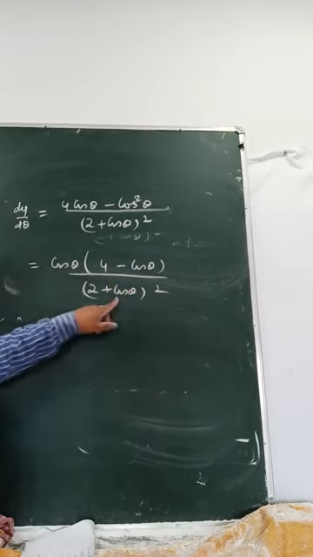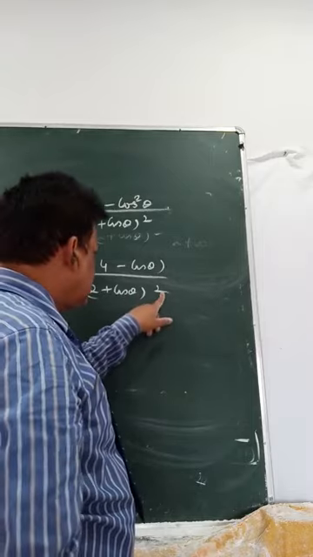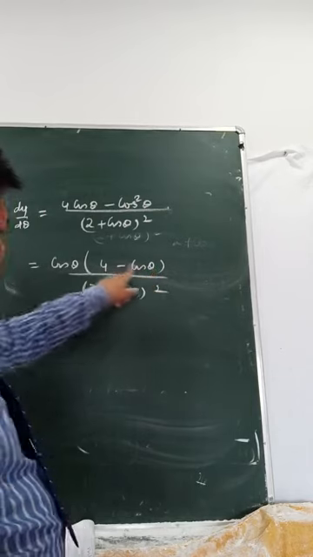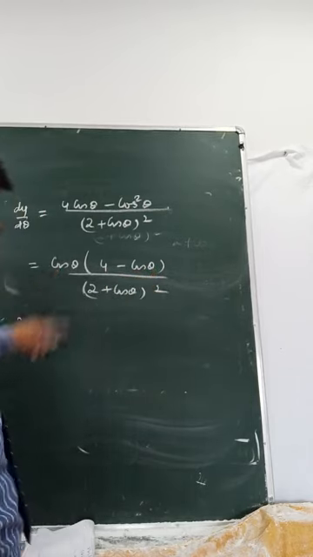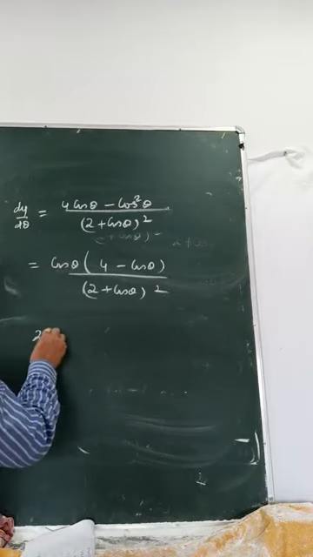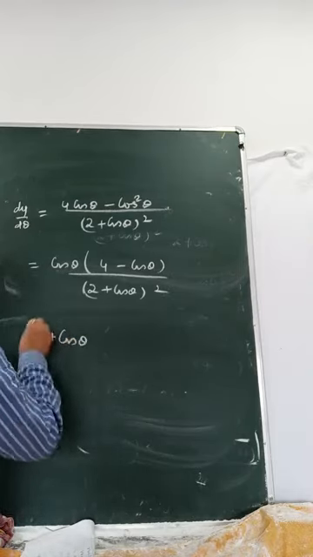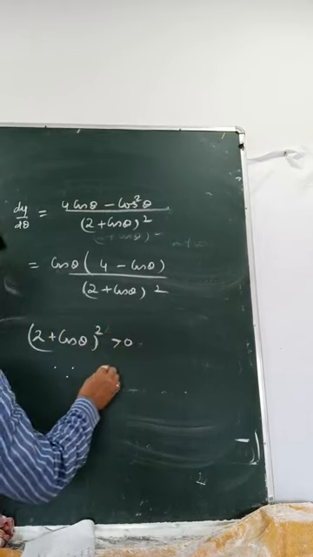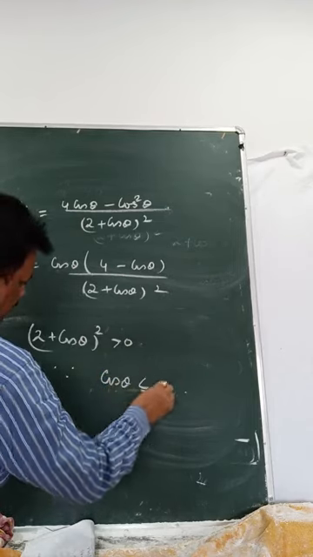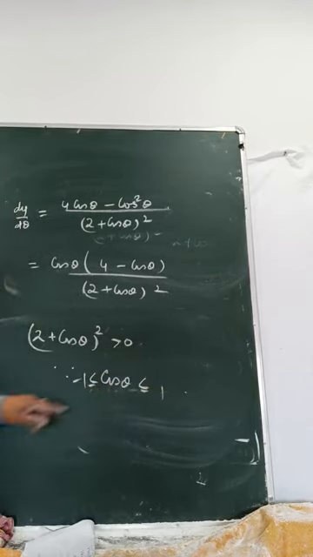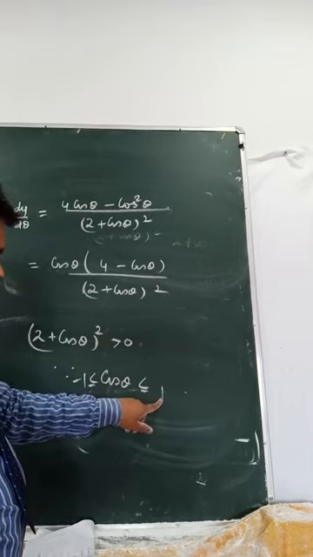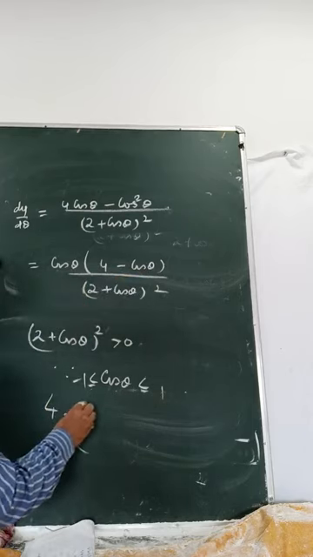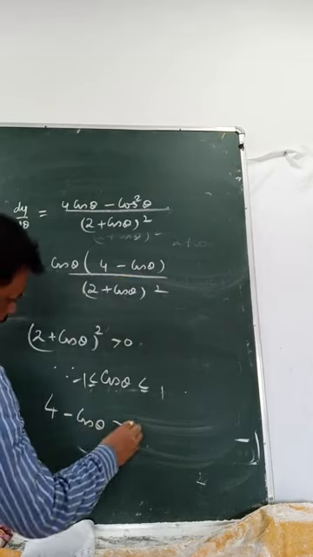We are finding three parts. One is 2 plus cos theta whole square, other part is 4 minus cos theta, third part is cos theta. So 2 plus cos theta whole square is greater than 0. Then since cos theta lies between +1 and -1, the maximum value is 1, so 4 minus cos theta is also greater than 0.